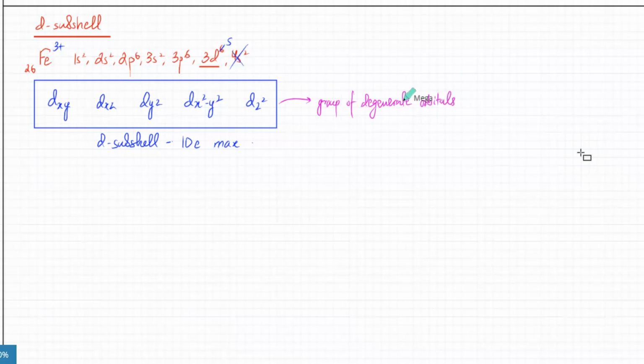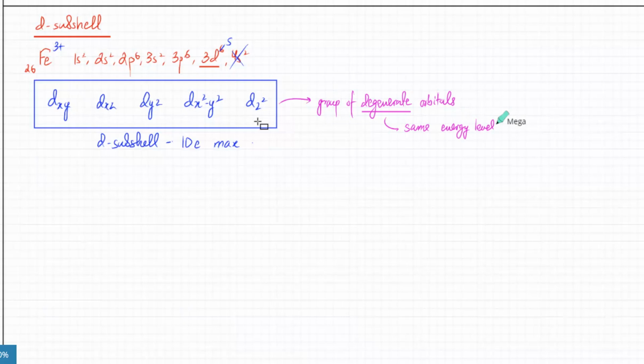They have absolutely no difference. Just a second, the board is stuck. So it's a group of degenerate orbitals, which means that they have exactly the same energy level. No difference between them. So there are 5 sets of orbitals.